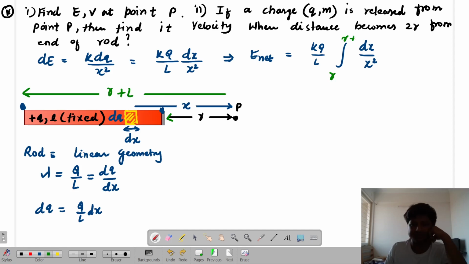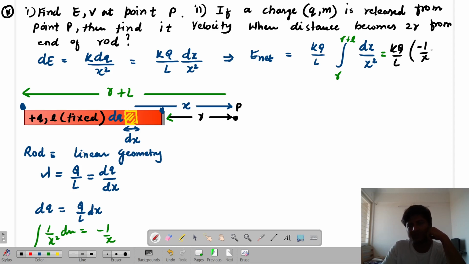Is that clear? Got it? So what is the integral of dx by x square? Remember, I'm always giving you one formula: the integral of 1 by x square dx is minus 1 by x. If you solve it, you will get the same answer. So kQ by L times minus 1 by x, from r to r plus L. So the electric field at point P is very simple to calculate, and it is the electric field at an axial point.